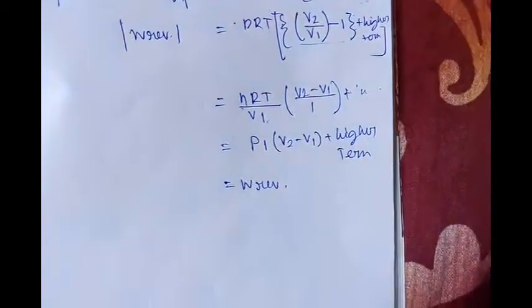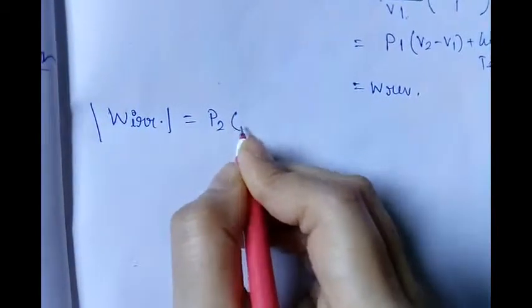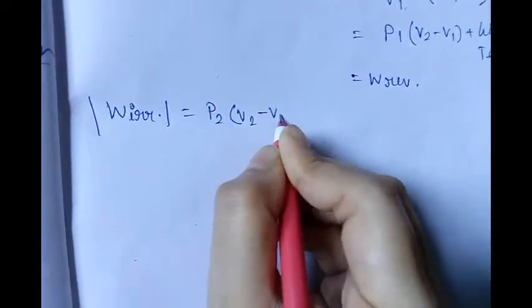Now work done in irreversible process will be, as pressure is constant, P2 into (V2 minus V1).